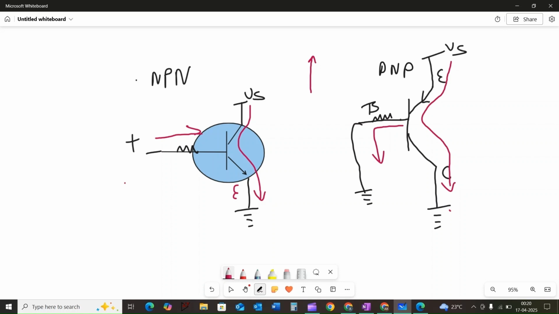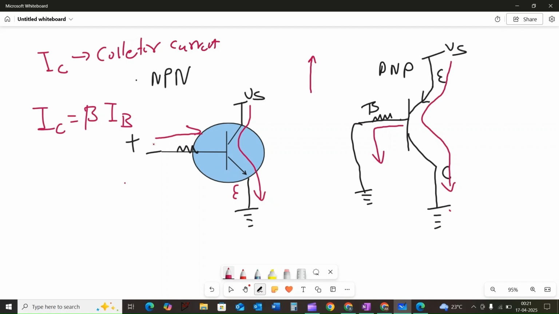Now let's review some important formulas for transistor analysis. The first is collector current IC, which is equal to beta times IB.